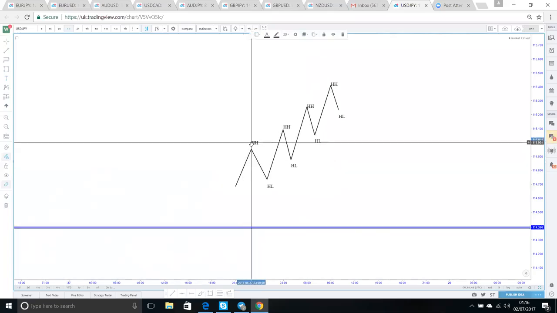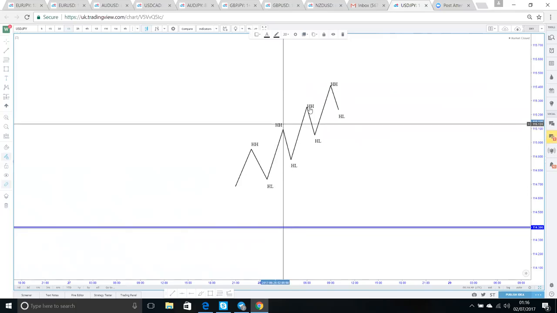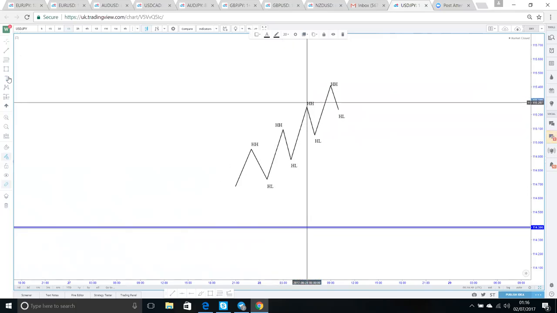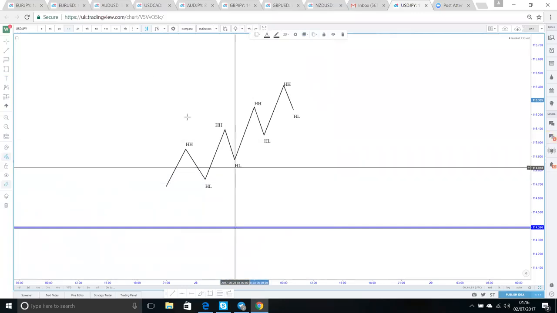It's very simple, guys. Extremely simple. So this is the first thing. And remember, this is a bullish structure. Example of a bullish structure, guys.